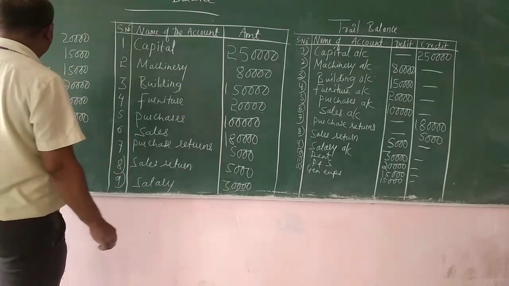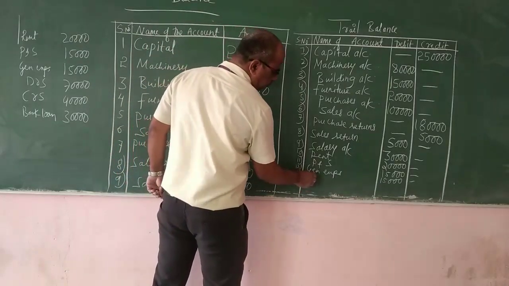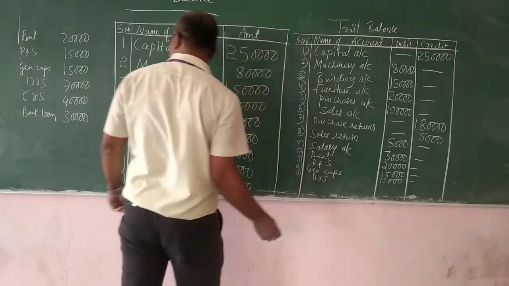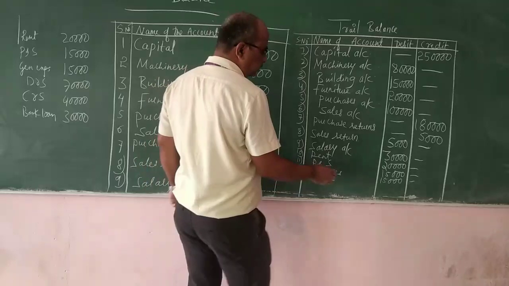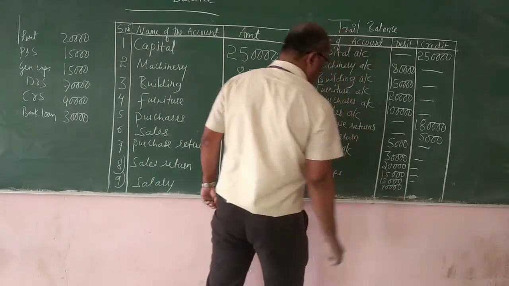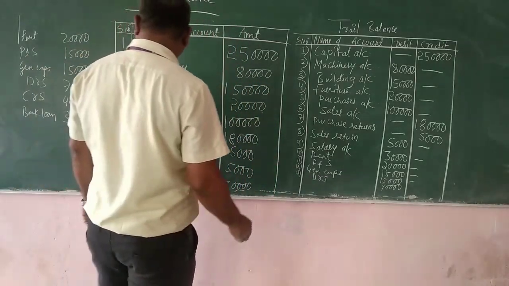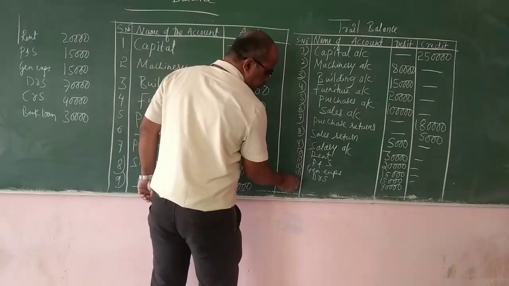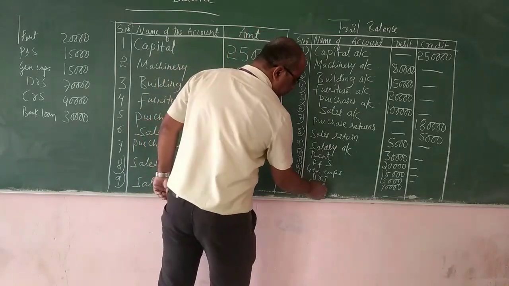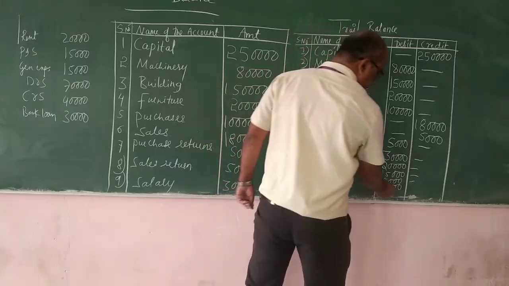Next, debtors 70,000. Next, creditors 40,000.